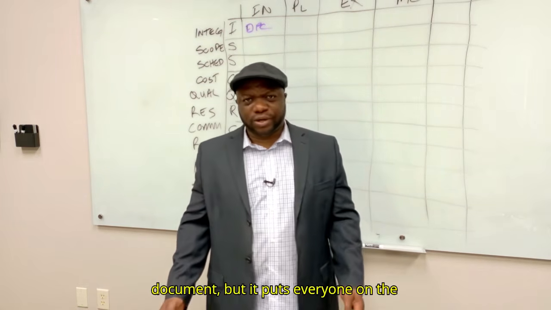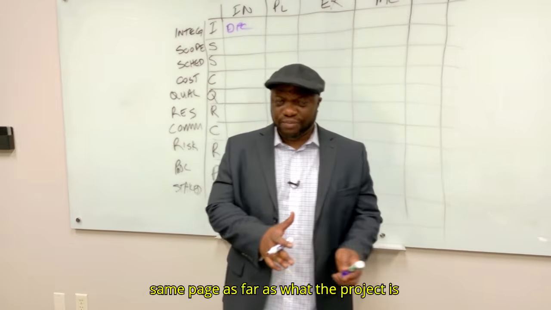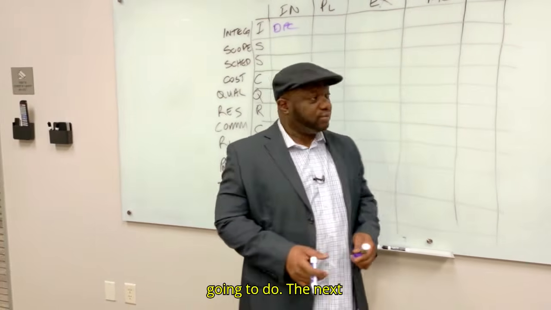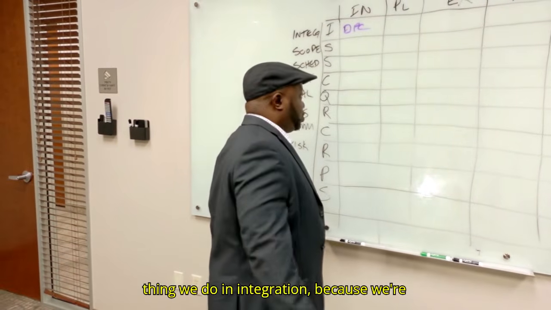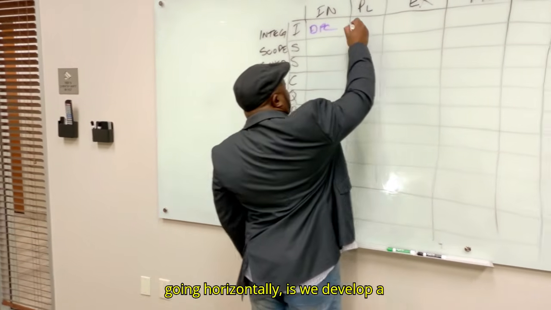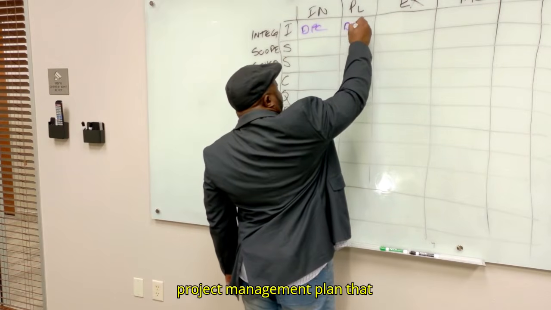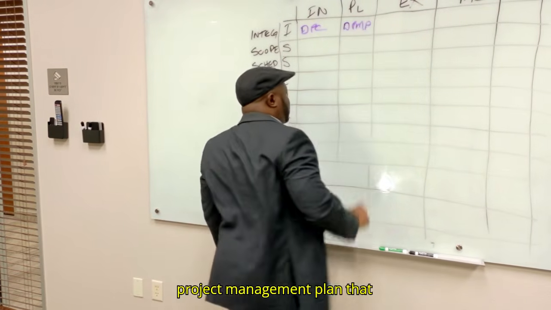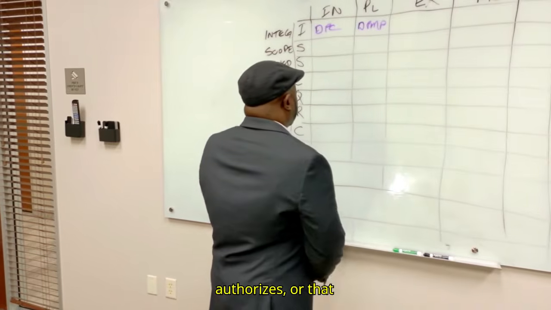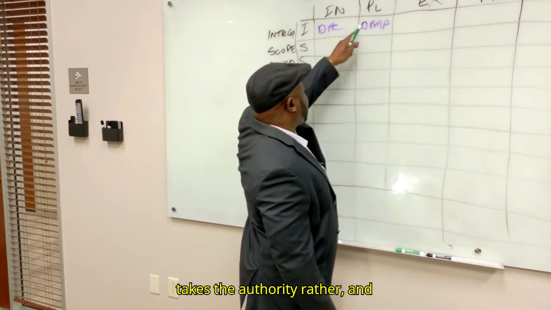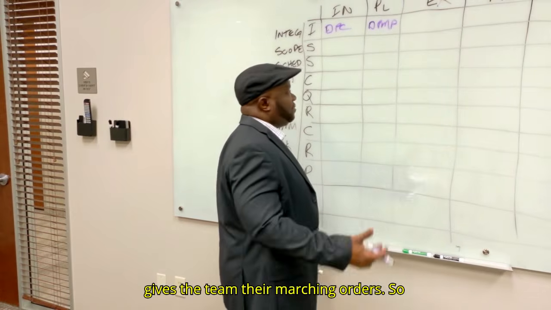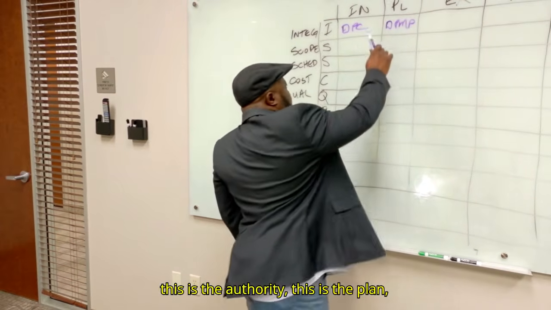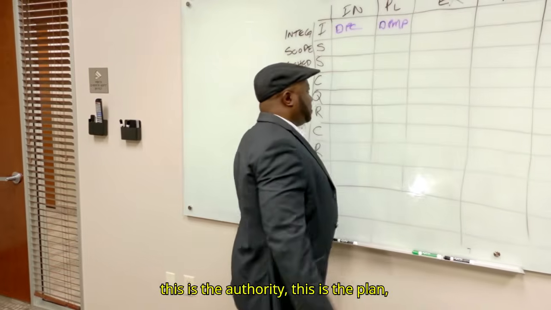So it's a summary document, but it puts everyone on the same page as far as what the project is going to do. The next thing we do in integration, because we're going horizontally, is we develop a project management plan that takes the authority and expands on the charter and gives the team their marching orders.